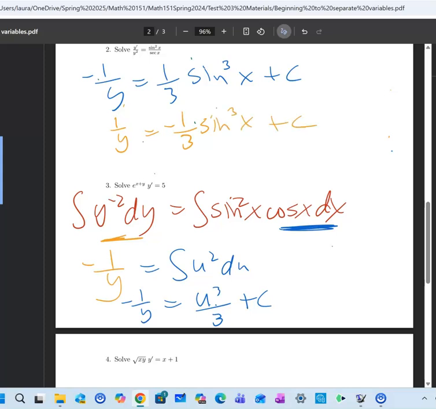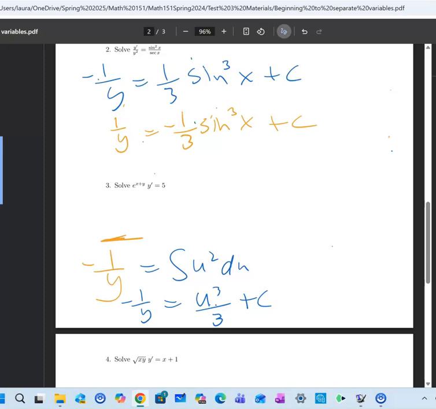And I'm just going to say that negative c is c. It doesn't matter. C is just kind of a black hole constant. I'm just going to leave it like that. Now I'm going to cross multiply, right? So this is over 1, and that's 1 over. So if I cross multiply, I would get y up here, and then I would get 1 over this, negative 1/3 sine cubed of x plus c.